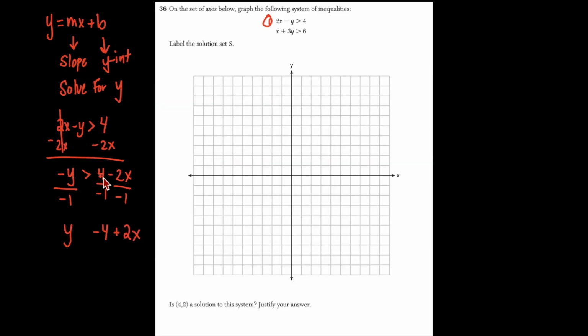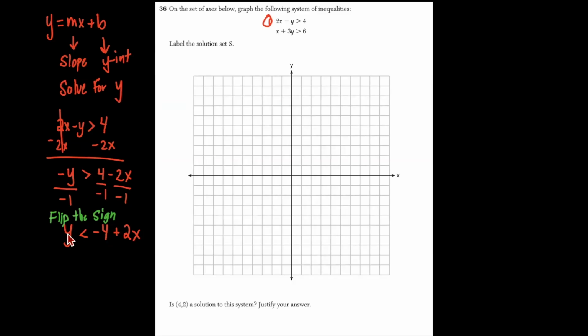Basically, the negative just flipped all these signs, from a +4 to a -4, a -2x to a +2x. But the one caveat we can't forget is that I have to flip the sign when I multiply or divide by a negative. What sign am I talking about? I'm referring to this greater than, which now changes to a less than. That is a crucial step. If you don't do that, your graph is going to be wrong.